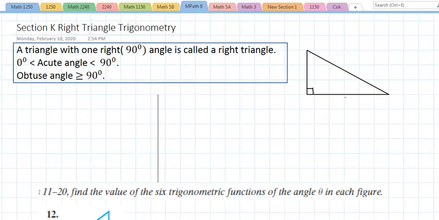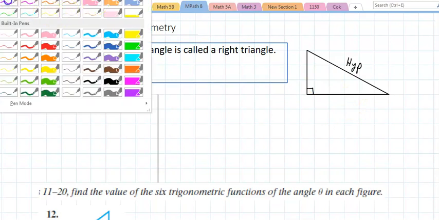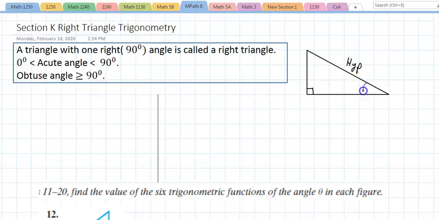We're going to assume that we're talking about a right triangle, which means the other two angles are acute. So in any triangle, if you take the side opposite of 90, that's always labeled as the hypotenuse. If you label an angle, you pick any angle you like. Let's say you pick this angle to be angle theta. The side opposite of that angle we label as the opposite side.